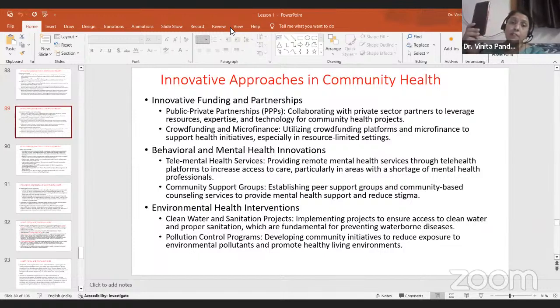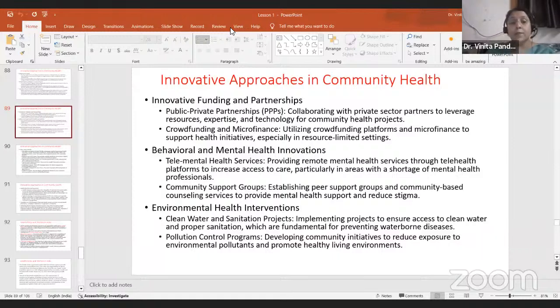And in today's time, language is no more a barrier because technology has facilitated. You can choose language also. So tele-mental health services can be used drastically to address cognitive issues, mental health issues, and behavioral issues also. And this is a great respite and great support to ensure that mental health care is also provided.